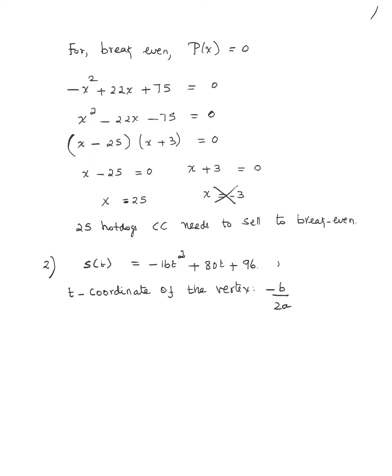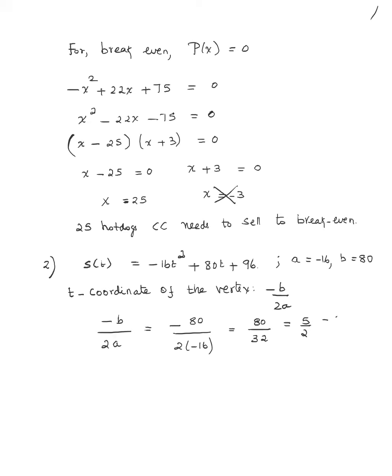From the given problem, a is negative 16 and b is 80. So negative b over 2a is going to be negative 80 over 2 times negative 16, which is 80 over 32, which is 5 over 2.